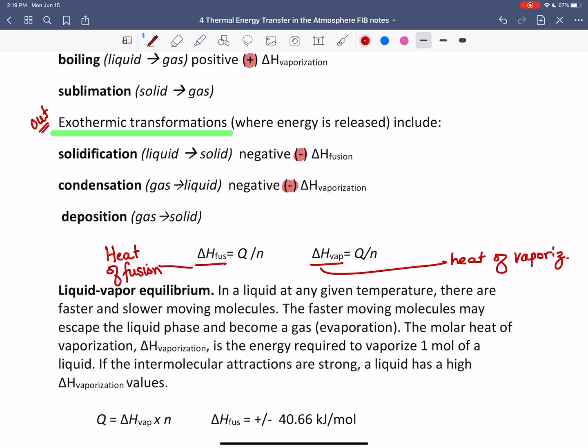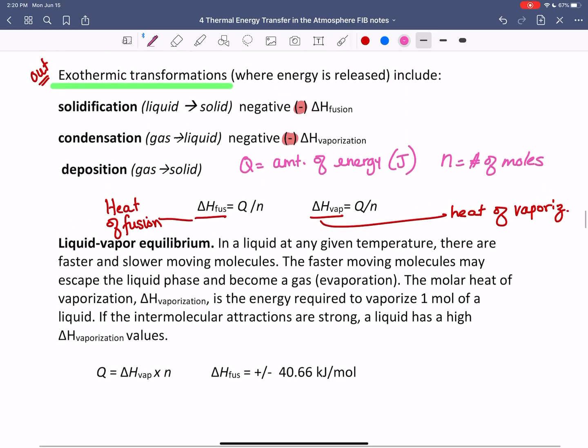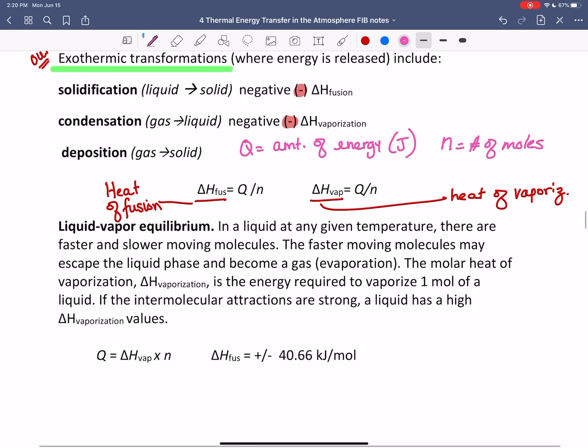And it's equal to Q, which again is the amount of energy in joules, divided by n this time, which is the number of moles. So we're not going to be dealing with mass, we're going to be dealing with moles. And to remind you again, just in case from Science 10, number of moles is mass over molar mass. So we'll get to that when we do some of these questions.